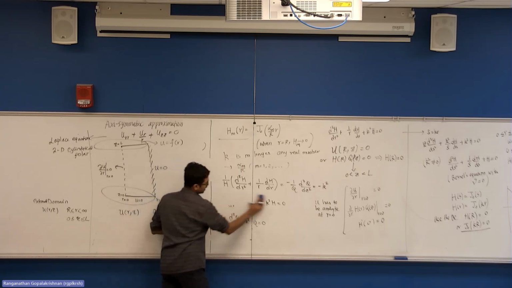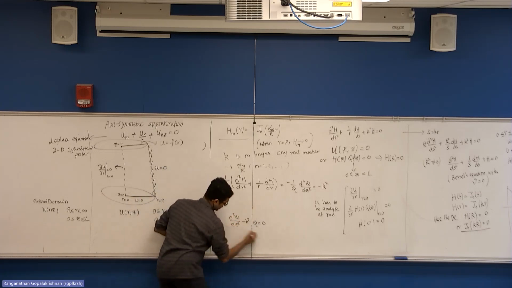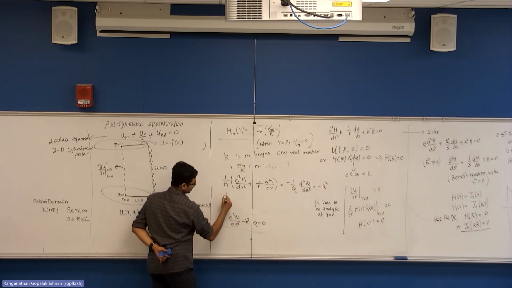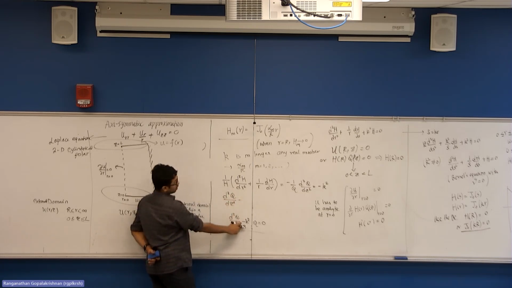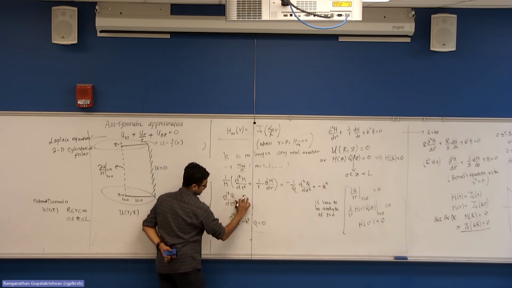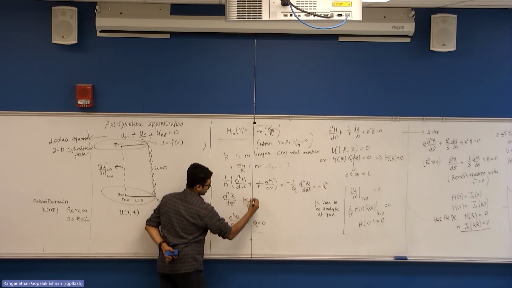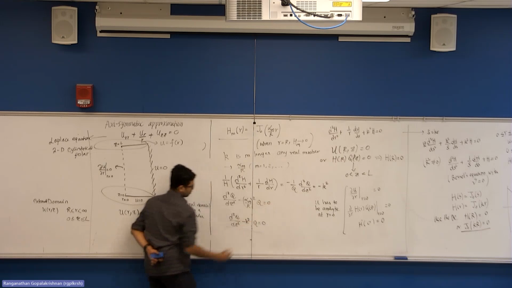So if we pick out the other equation, I'll rewrite it here: d squared q over dz squared, minus k squared q equal to 0. k is no longer any real number. It is precisely k_m, or alpha m over R, squared times q equal to 0.